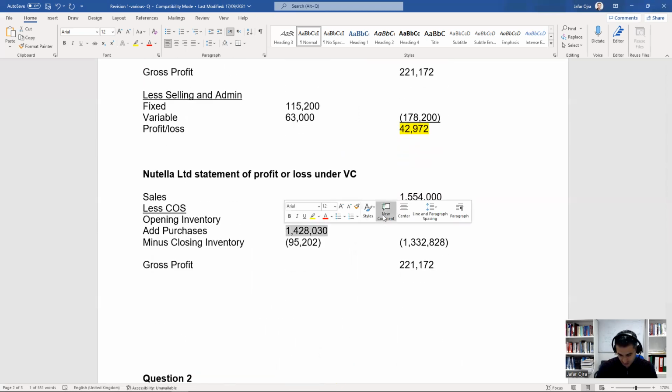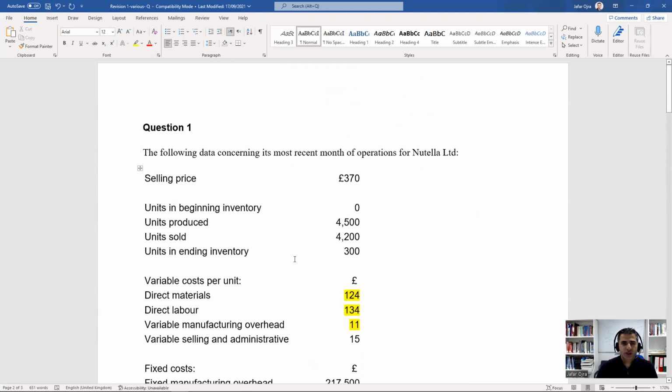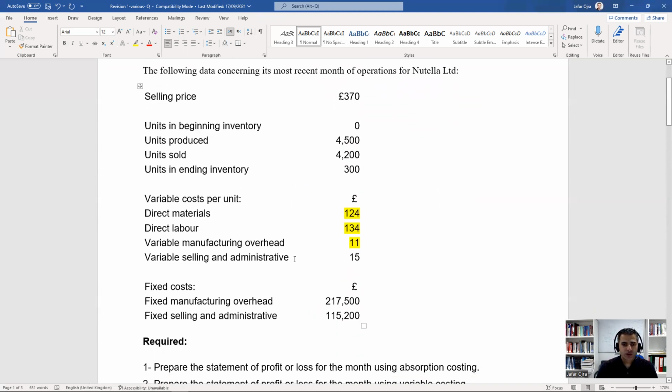How much does that give? That gives 1,200,500. Okay. So minus closing inventory, as I mentioned, we have 300 units as closing inventory.